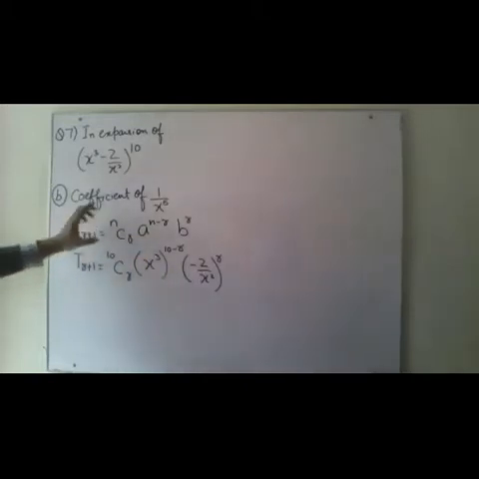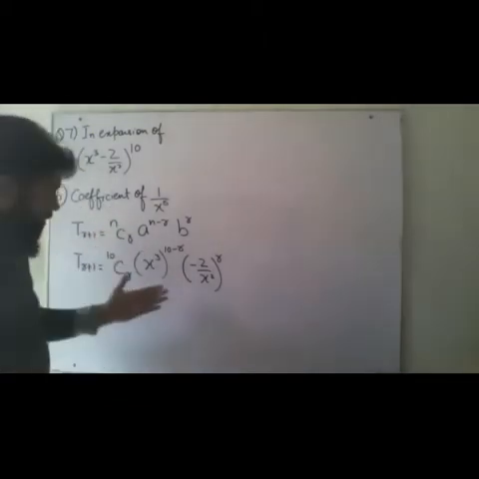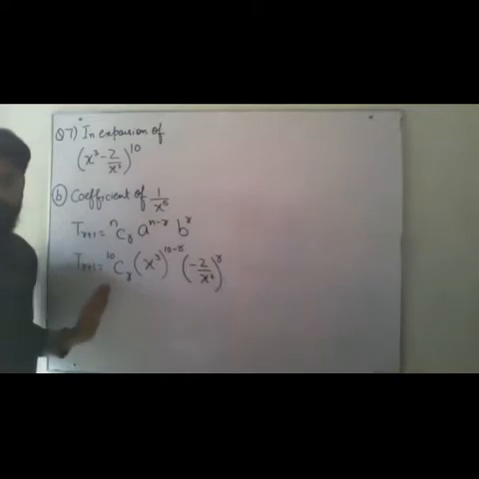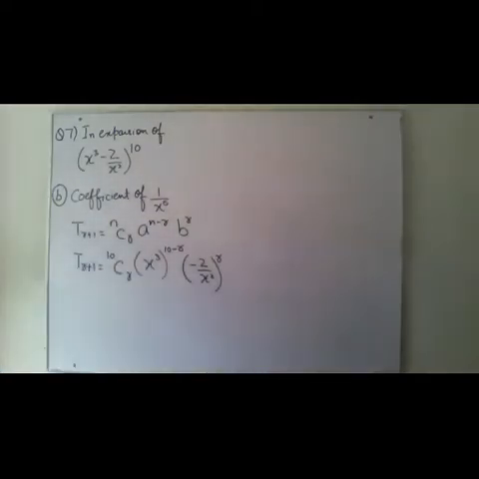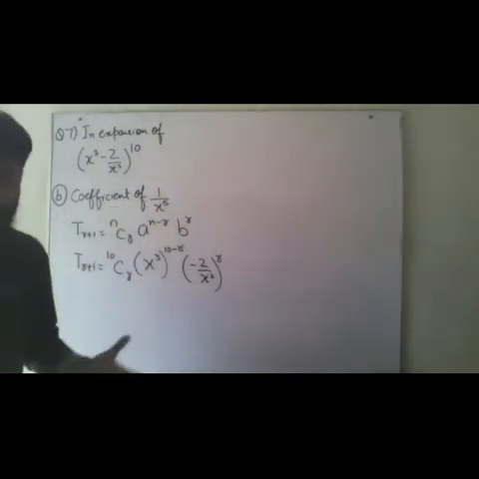I have written whatever I have got. The value of R I don't know because the term number was not given, so I have written R over here. Now I will try to simplify it and then relate it with this one to get the value of R.